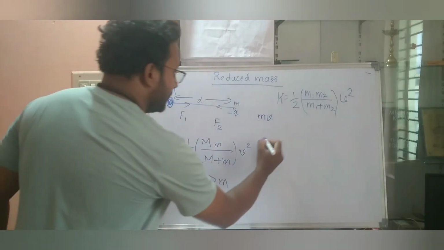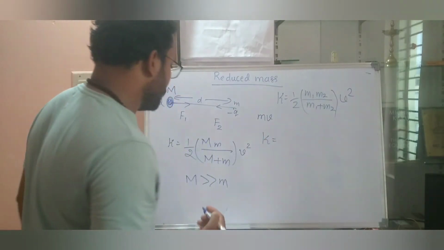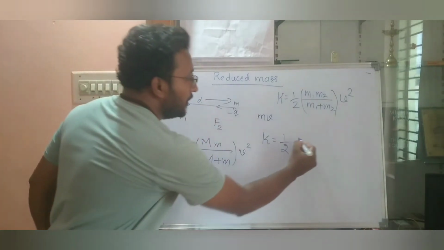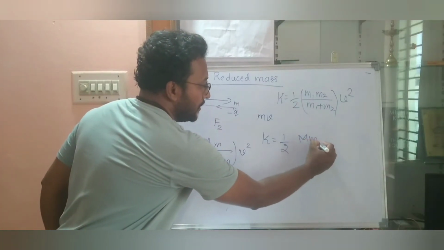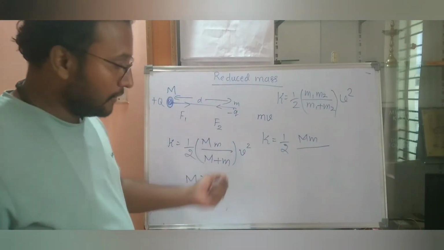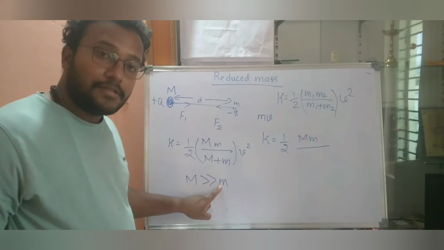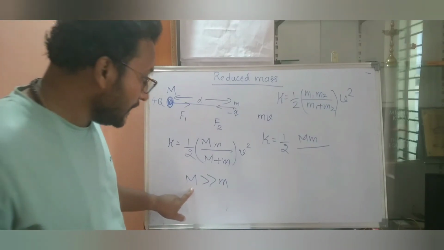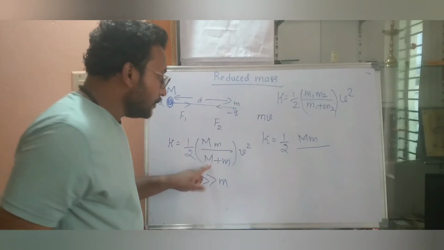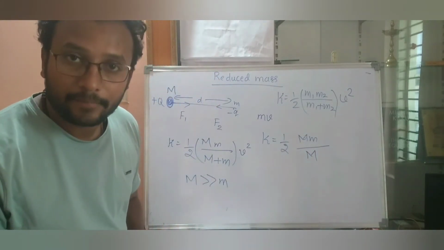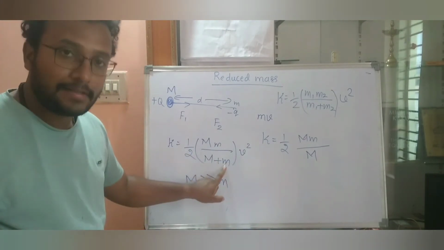So what we will get, the total kinetic energy is going to be half, and here I'll write both the masses, divided by, in the denominator of this expression, the small letter m is very small when compared to the capital M, which means this denominator is approximately going to be capital letter M only. Why is it so? Because m is very small.